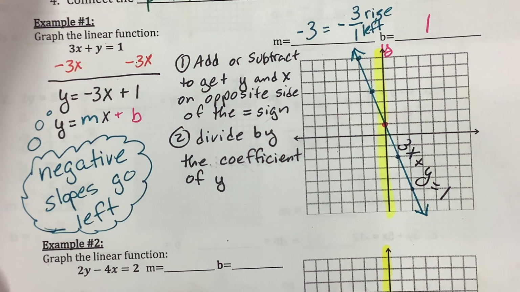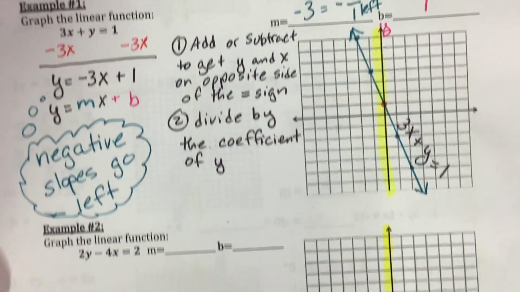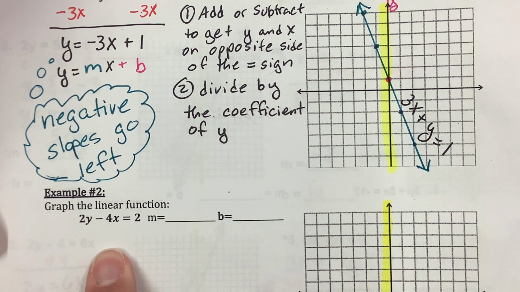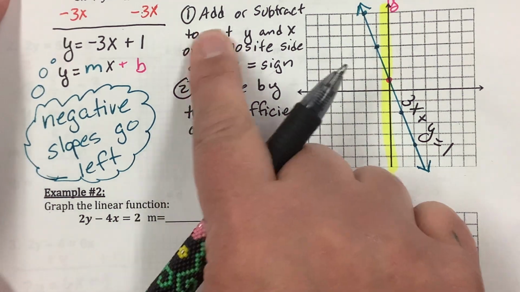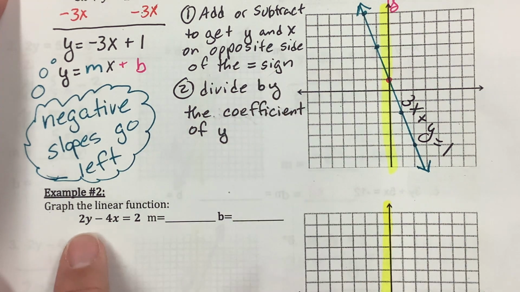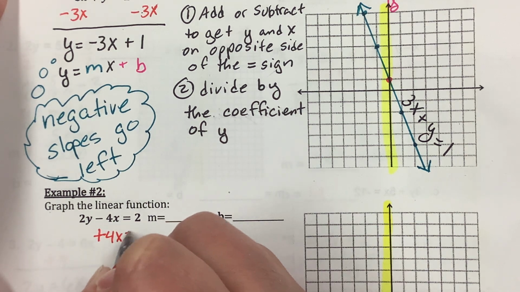First step, rewrite that function in slope-intercept form, y equals mx plus b. I'm not going to slide it all the way up because I want to read my directions while I'm doing my problem. Add or subtract to get the y and x on opposite sides of the equal sign. See here I have my x and y on the same side. So I will start by adding 4x to both sides.